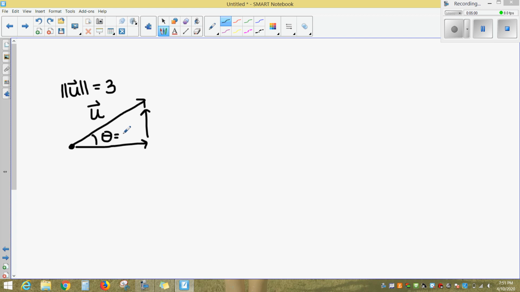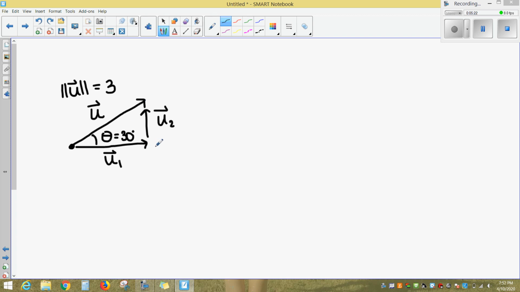Maybe I'm told also that the angle is something nice like 30 degrees. If I want to break this, I'm going to call it vector u1 and u2. I can write this resultant vector u as the sum of u1 and u2.